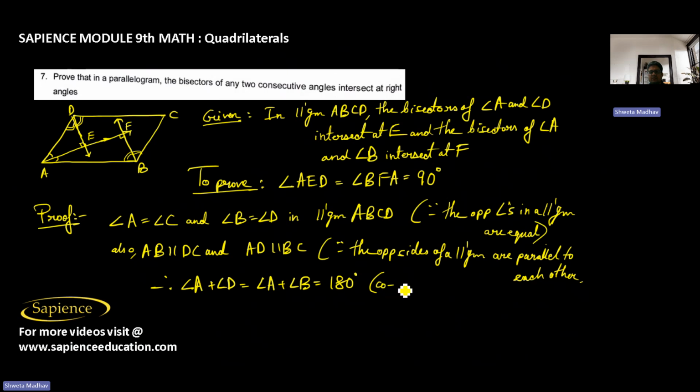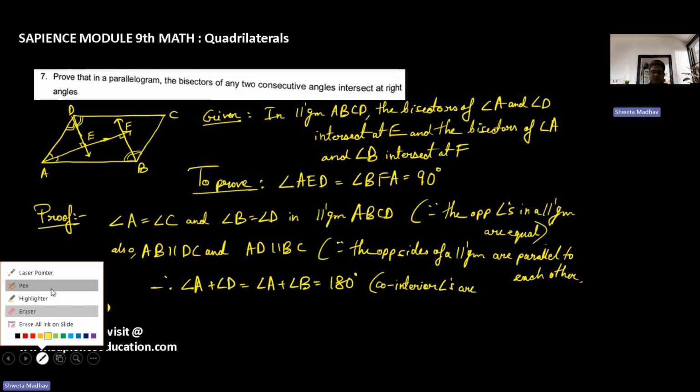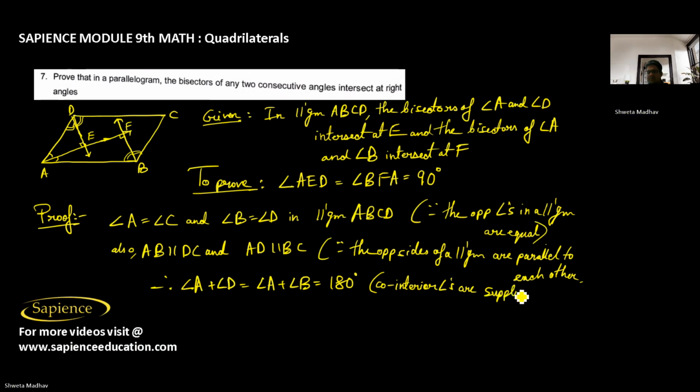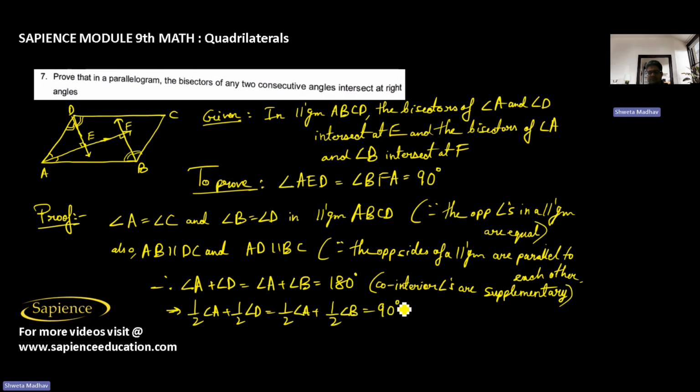They are forming co-interior angles, and co-interior angles are supplementary. Therefore, I can say half of angle A plus half of angle D is equal to 90 degrees.